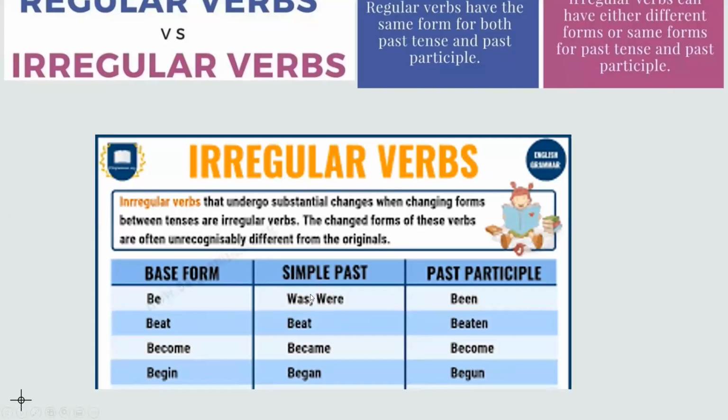They form the past tense and the past participle generally in a different way from the base form. For example, the verb be is an irregular verb. In the past tense it has the forms was and were, and in the past participle been. Beat, beat, beaten. Become, became, become. Begin, began, begun.